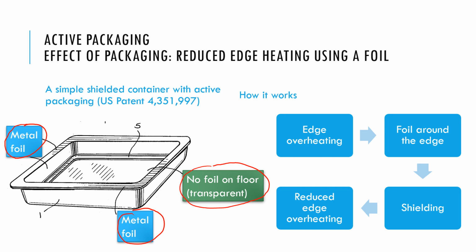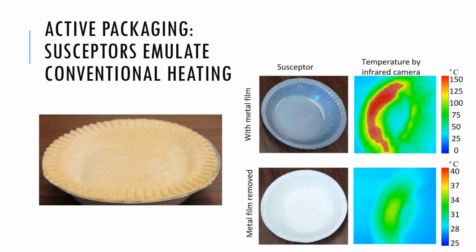and that's how it makes the heating more uniform. Another important example of active packaging is the use of susceptors. So here we see a frozen pie sitting on a paper bowl, but the paper bowl is not this one. That is just paper. It has a layer of a thin metallized film on the paper surface.